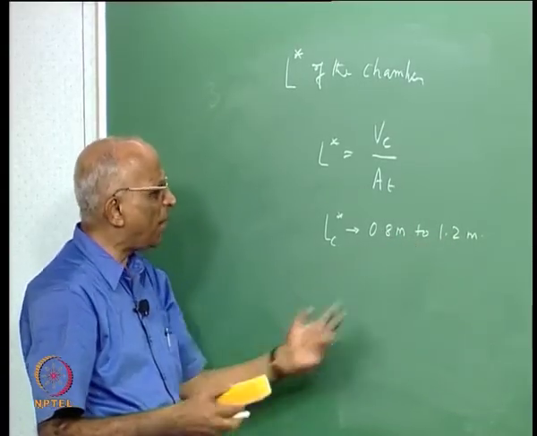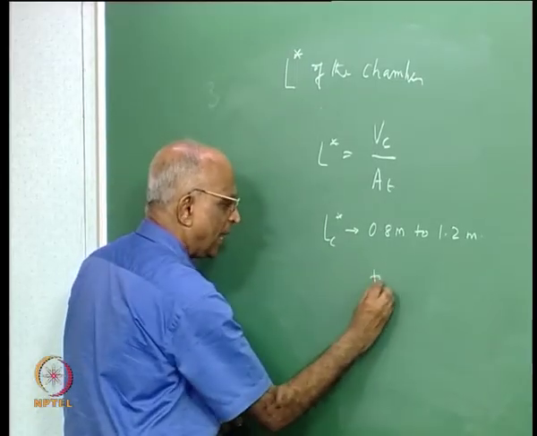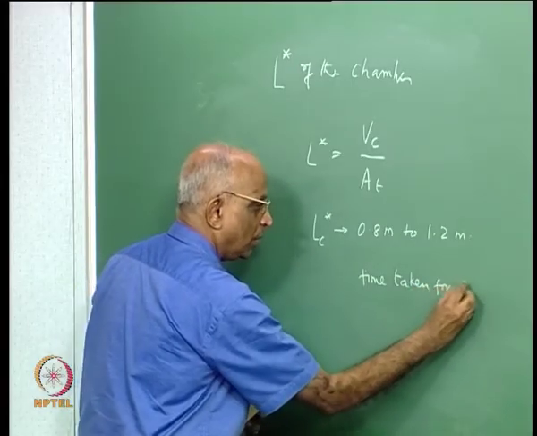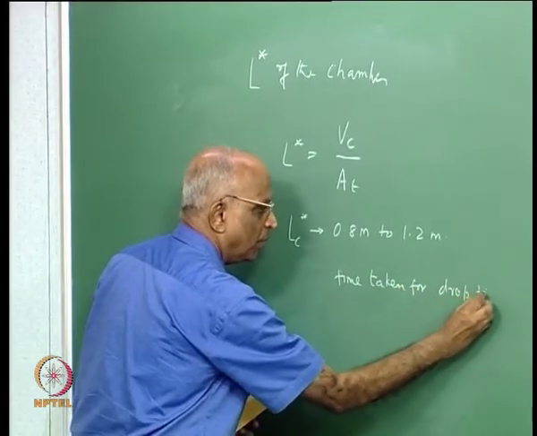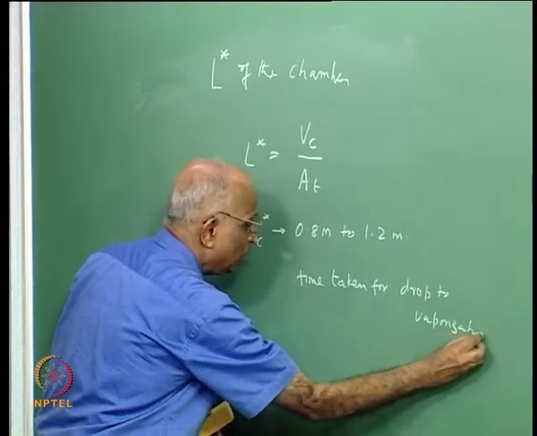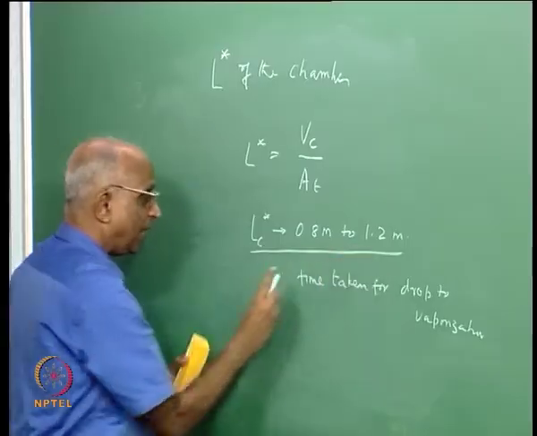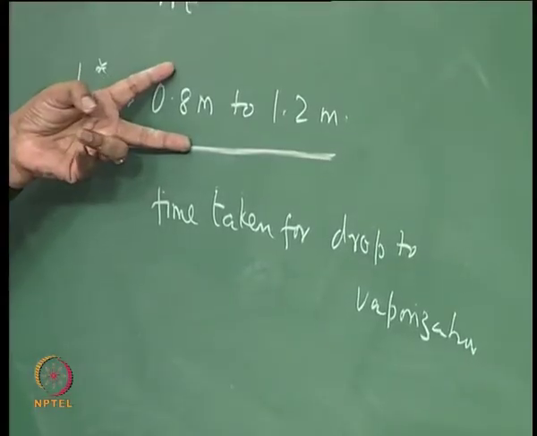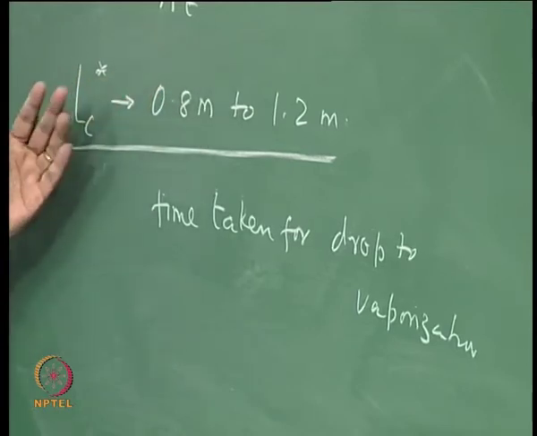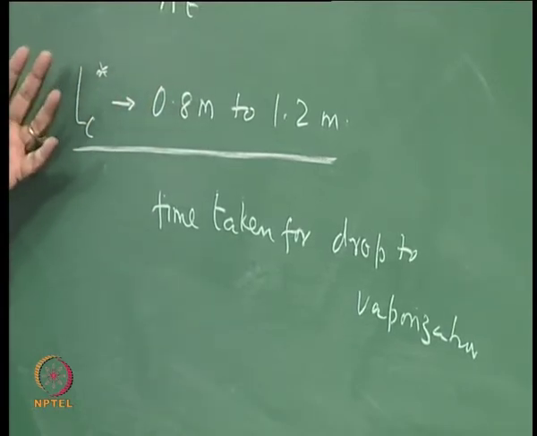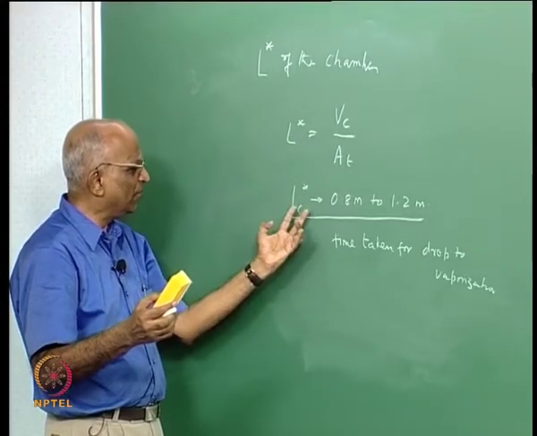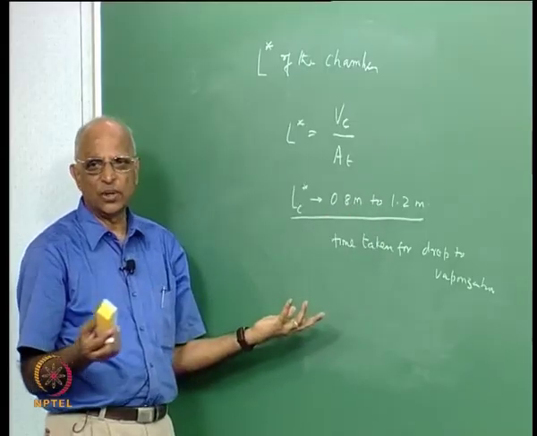Maybe we should really go back and find out the time taken for a drop to vaporize. I think that is more reasonable, right? But these are thumb rules and these are based on experience, and there is no way this could be wrong. And what is L star? L star tells me the distance taken for vaporization and combustion to be completed, and therefore this L star is given between these two values for it to be completed.